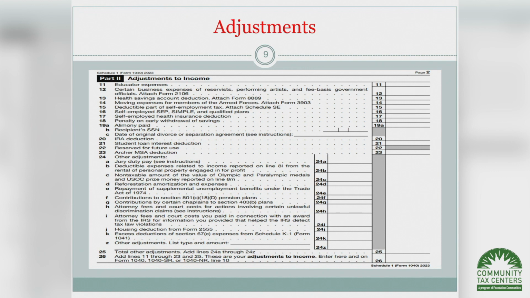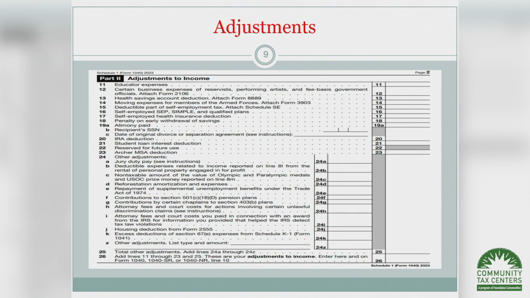This is Part 2 of the Schedule 1, and we kind of reviewed it yesterday as an introduction, and I talked about the various expenses that we might see, like the educator expense, self-employed insurance deduction, the deductible part of the self-employment tax, alimony paid.